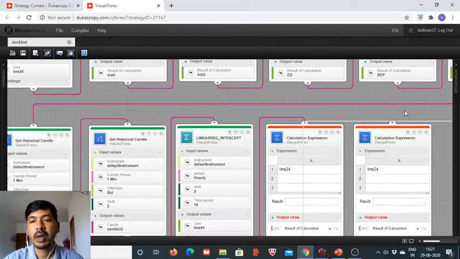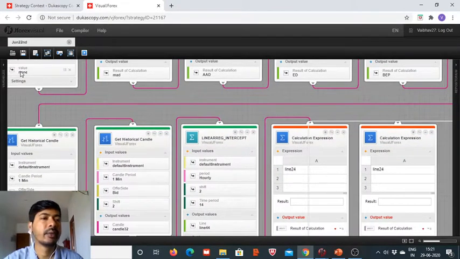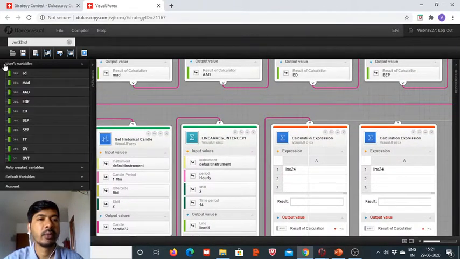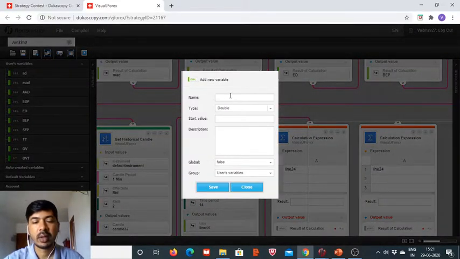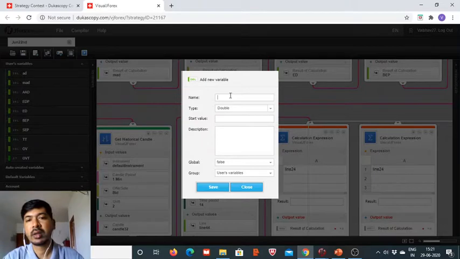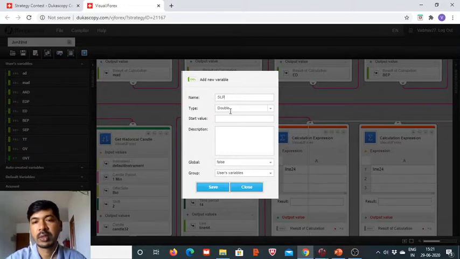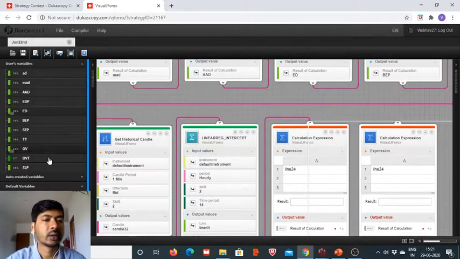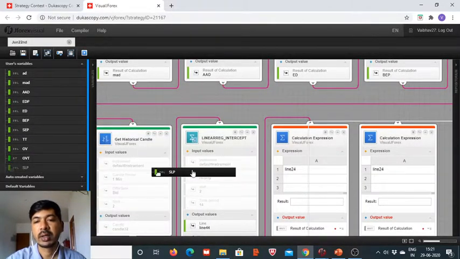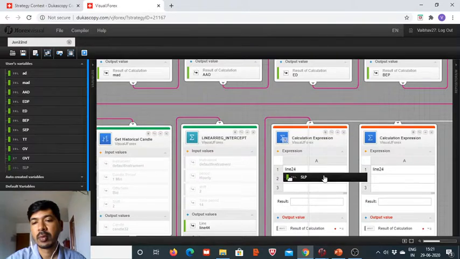Then we have to multiply it with a fresh variable. For that matter, we will need to create a new variable, and it is going to be named sell P, stop loss pips, and it is going to be 0.25, which is going to be the factor for multiplication.